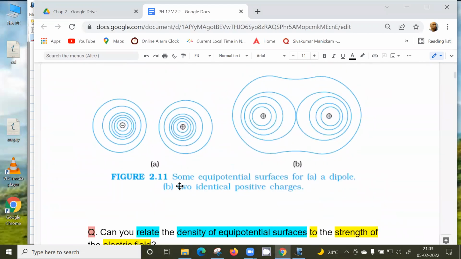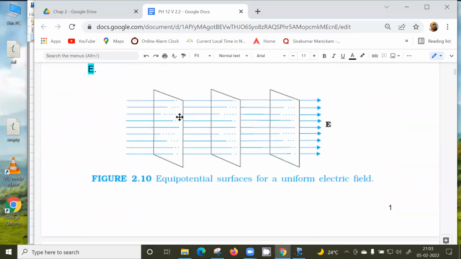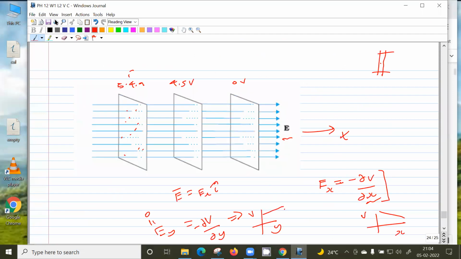Another thing is that the electric field lines and the equipotential surfaces will make 90 degrees. This angle is 90 degrees. So if the electric field is like this, I have to draw my equipotential surface like this, so that at all the points where it cuts the surface, the angle will be 90 degrees.